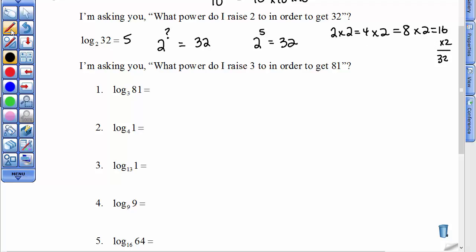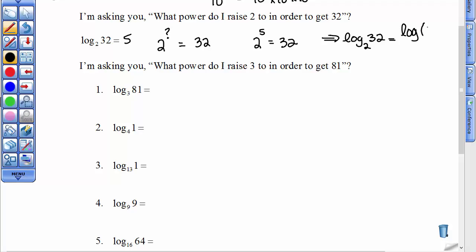Finally, there's another way to show you how to type this on your calculator, and I'm going to introduce now what's called the change of base theorem with this problem. On your calculator, if you want to find the log of 32 where the base is 2, would you please type now on your calculator log, and just hit the log key that's on the leftmost column, a little bit towards the bottom of your calculator.